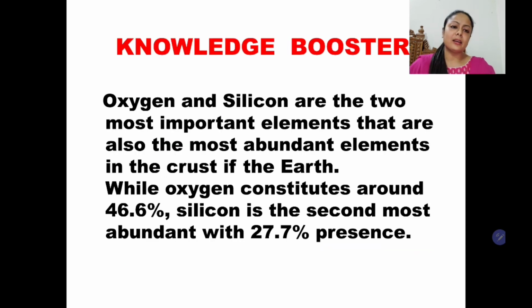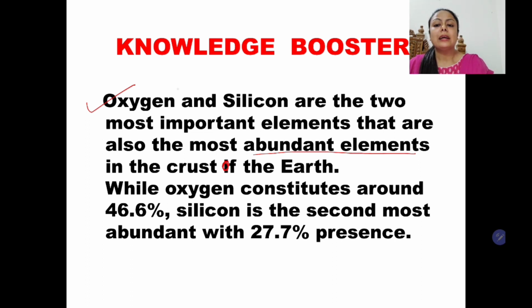Now children, here I have just put a question which is related to the chapter, and it's a part of the knowledge booster. So let's see. Oxygen and silicon are the two most important elements that are also the most abundant elements found on the crust of the earth.